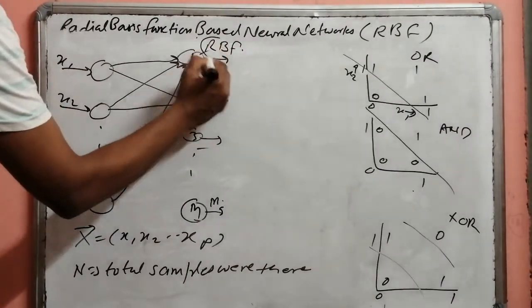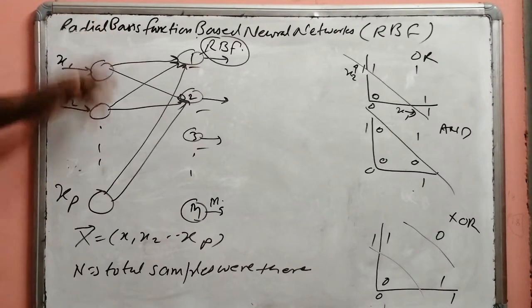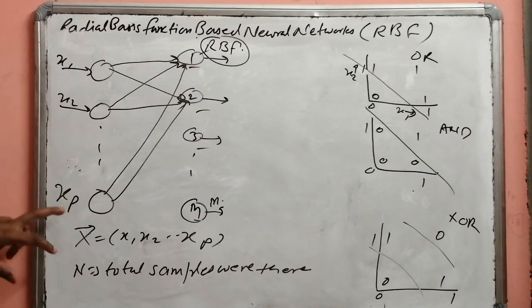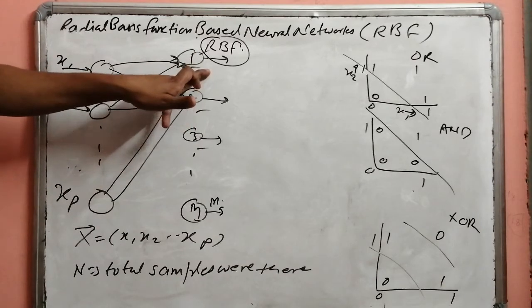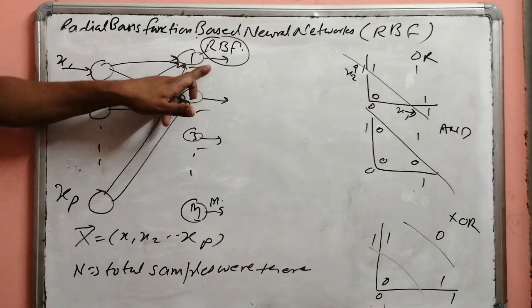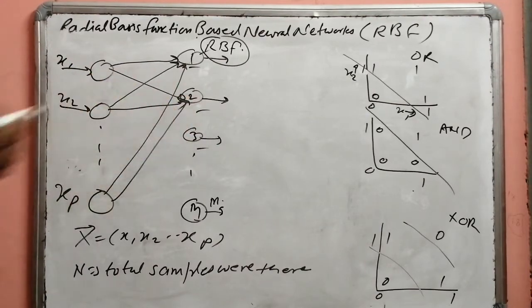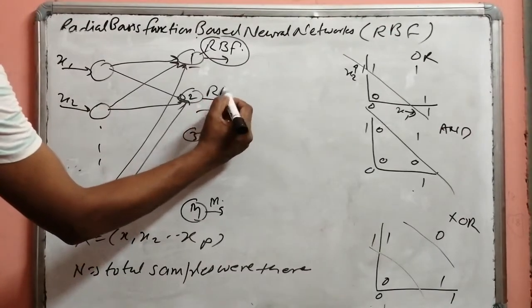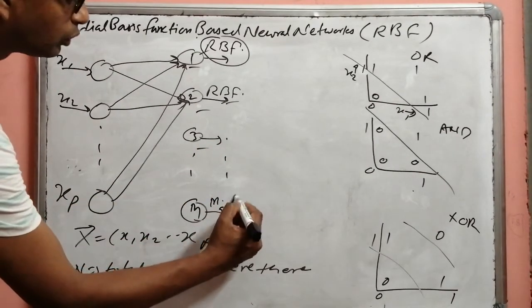Now comes in action the radial basis function. It means a pattern consisting of p features will be given to neuron number 1. Here the RBF or radial basis function will be applied. It will non-linearly map, or generate a new feature out of this. In the same way, the second feature will be generated using the radial basis function at this neuron, and at your mth neuron also.